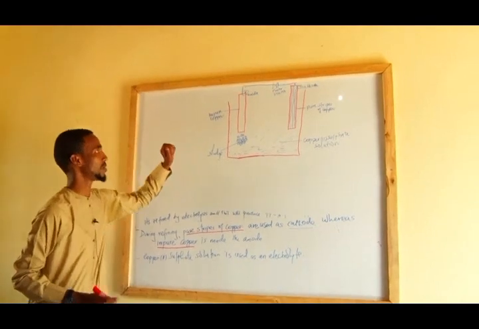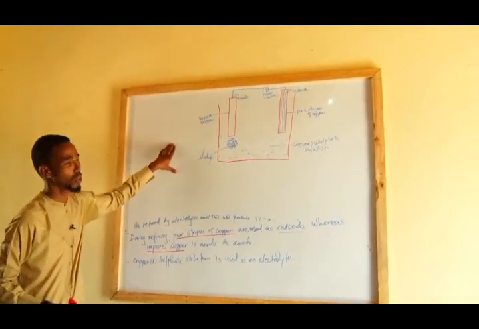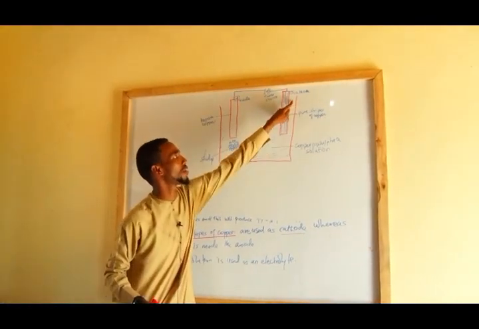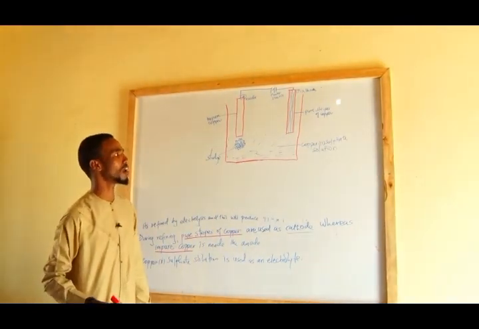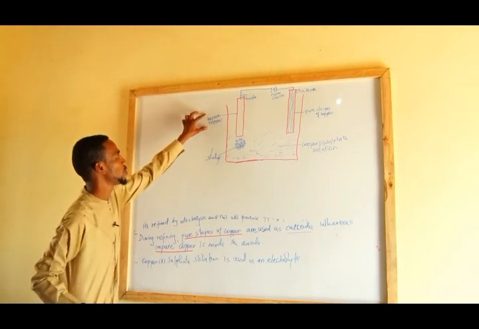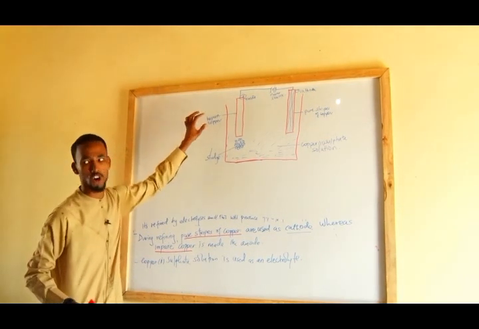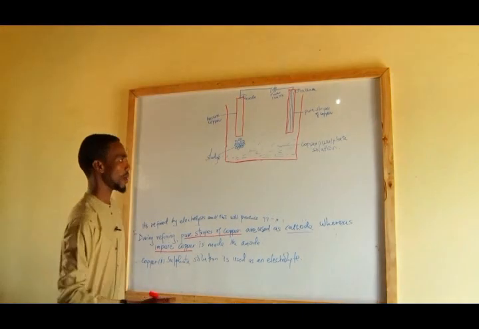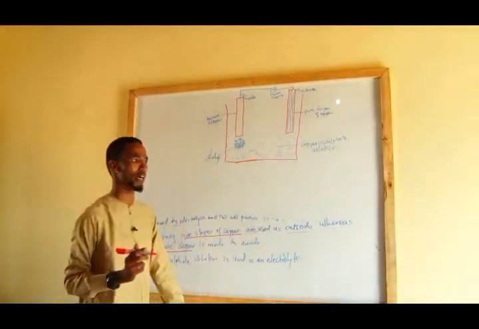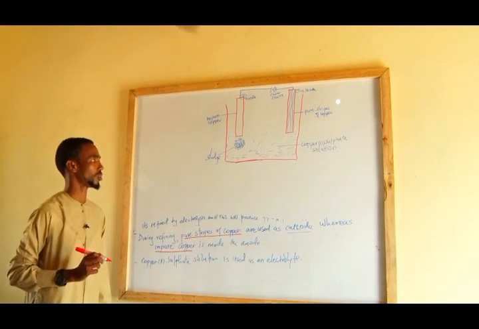We have our diagram here. We said during refining, we make our cathode a pure stripes of copper, and our anode we make impure copper. And then we have our electrolyte, which is copper 2 sulfate solution.